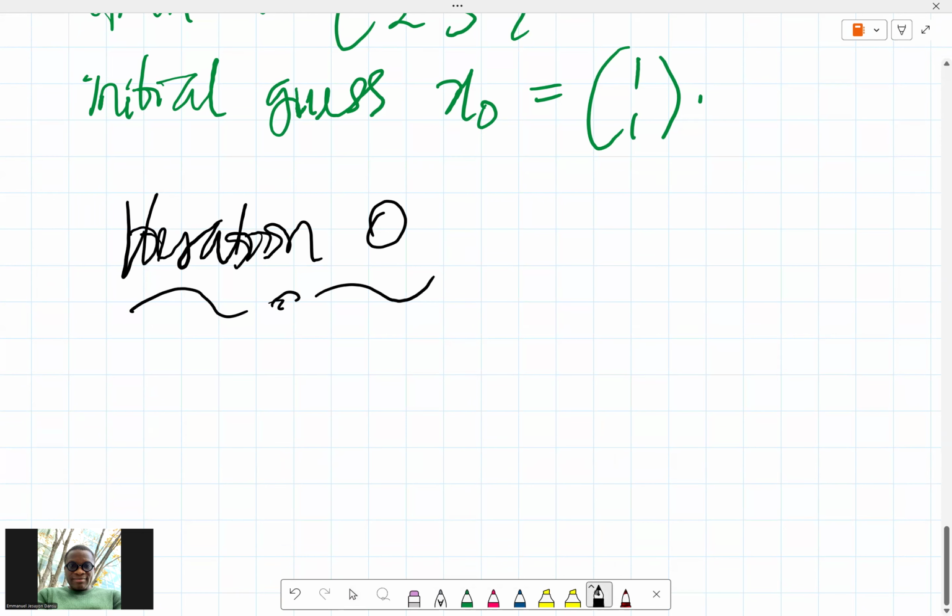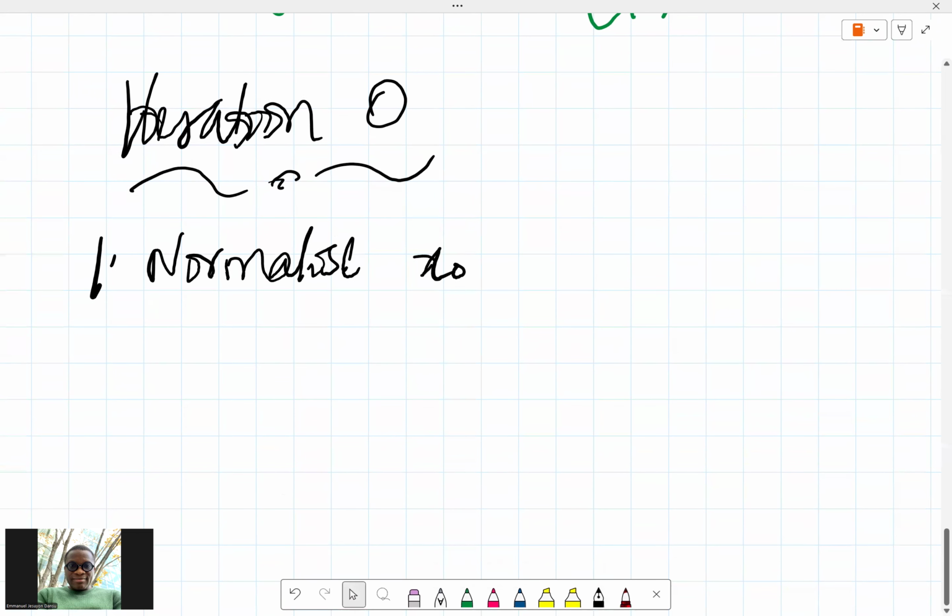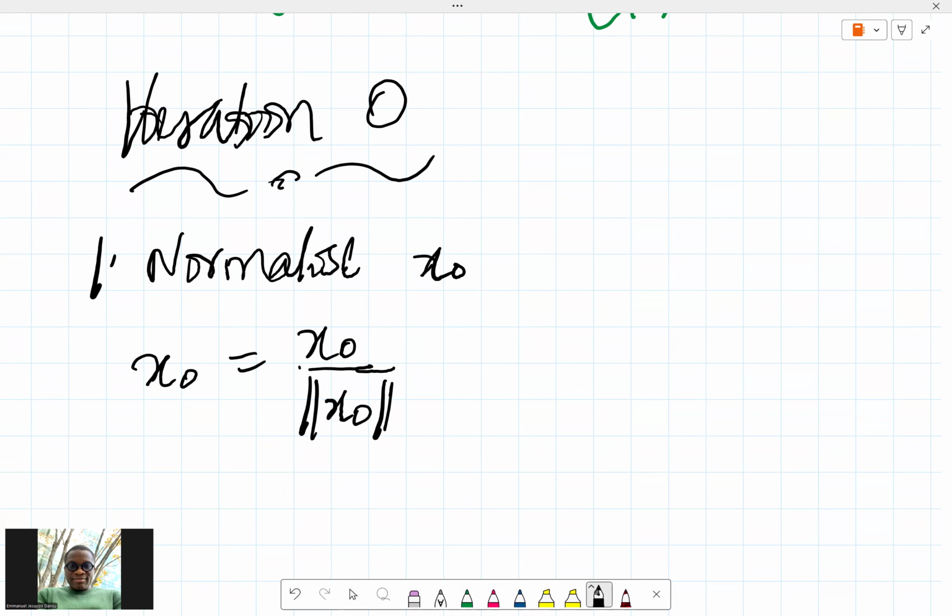First of all, we normalize. This is where it is different. We normalize x naught, which we started with. So our x naught is equal to the original x naught divided by the norm of that x naught. We'll still call it x naught all the way.